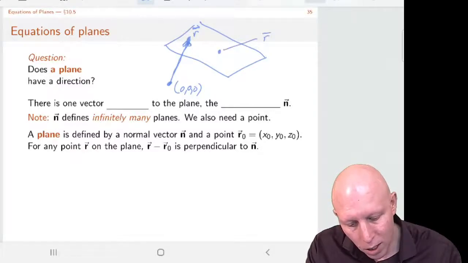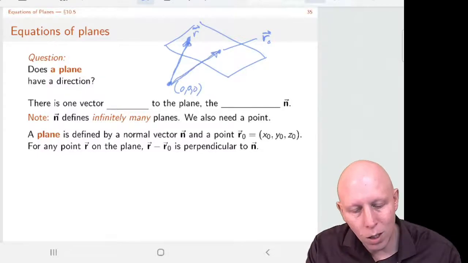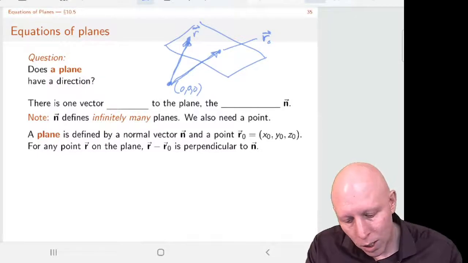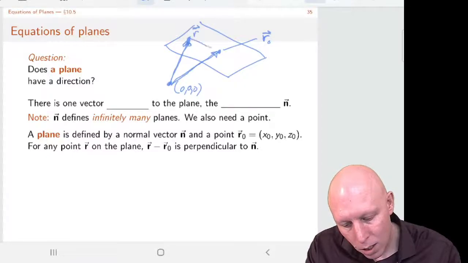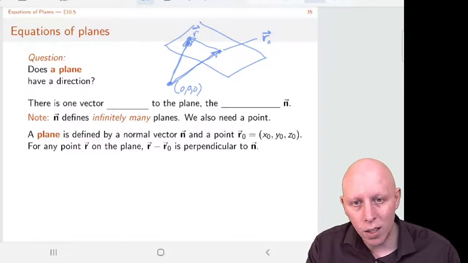This is R naught. So R naught here is the point that we know is on the plane. So let's look at R minus R naught. Right, if we take R naught plus that, we get R. So R minus that, we get R naught.